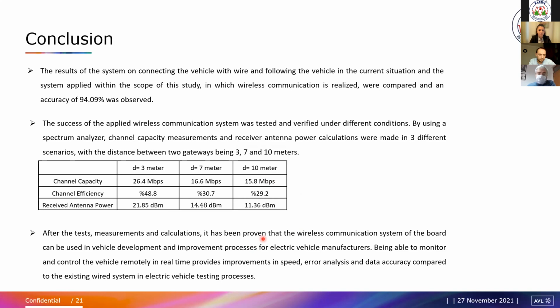For now, we can monitor the vehicle in real time wirelessly, and we can control the vehicle. Therefore, it's a quite efficient way of testing vehicles. Thank you for listening.